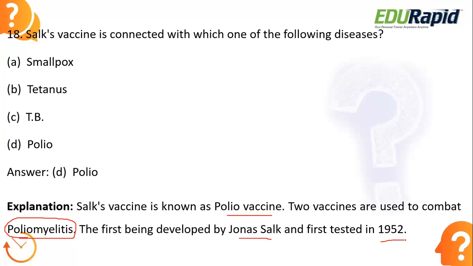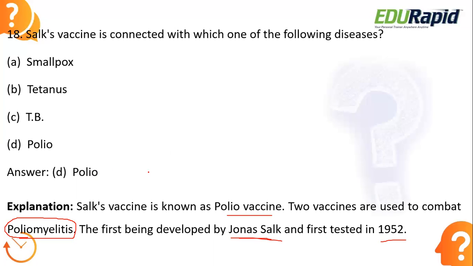Salk and Sabin developed two different vaccines for the same poliomyelitis: one from dead virus, and the other from active live virus. The one that finally succeeded was Jonas Salk's vaccine, tested in 1952, and he had a major role in eradicating polio.